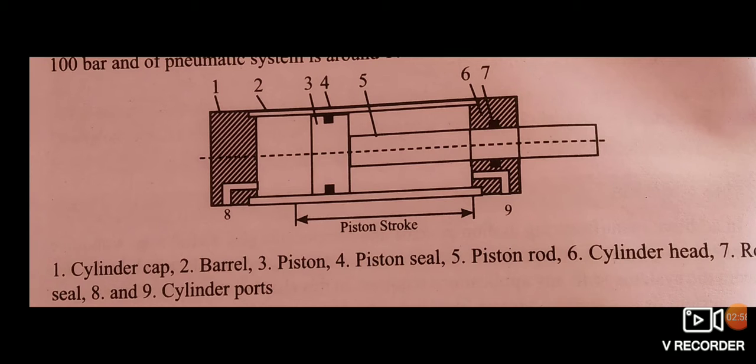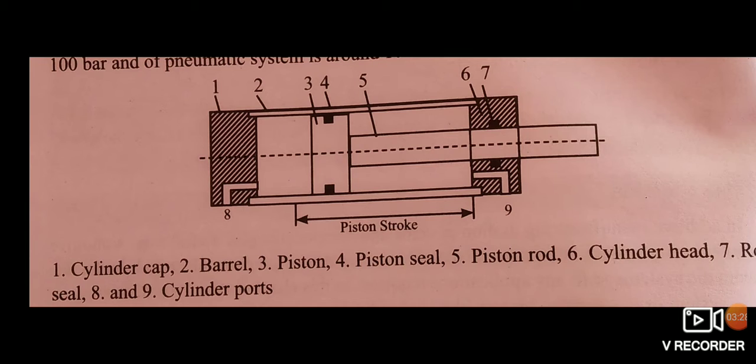The construction of hydraulic and pneumatic linear actuators is similar. However, they differ in their operating pressure ranges. Typical pressure of hydraulic actuators is about 100 bar and a pneumatic system is around 10 bar. It consists of the piston, a piston rod, cylindrical valve, cylinder head and cylinder cap.